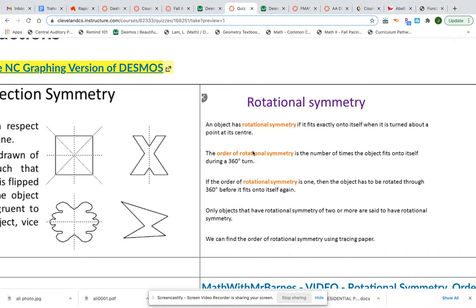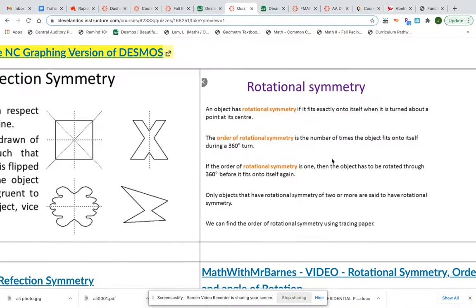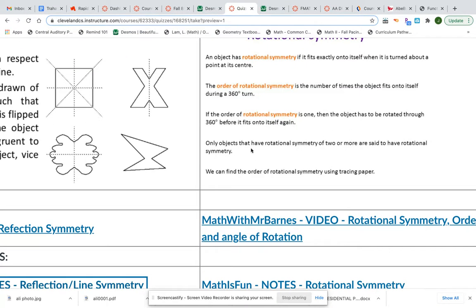The order of the rotational symmetry is the number of times that it does map onto itself as it does that one rotation all the way around. It has to be more than 1 to have rotational symmetry.